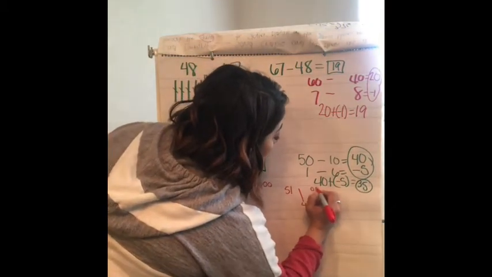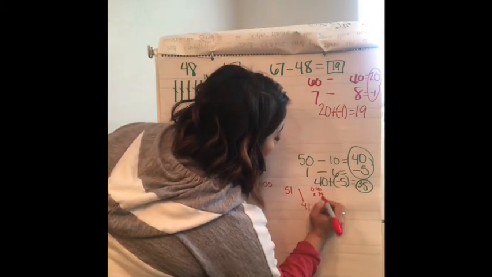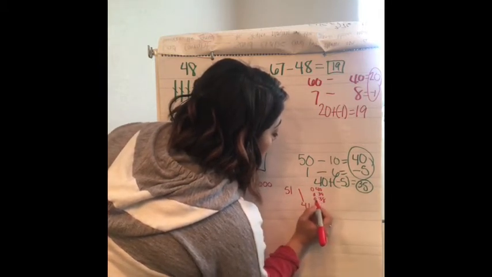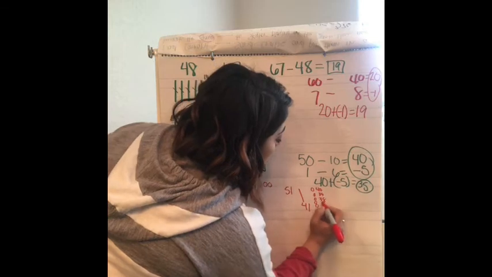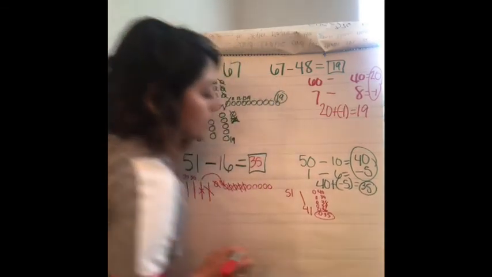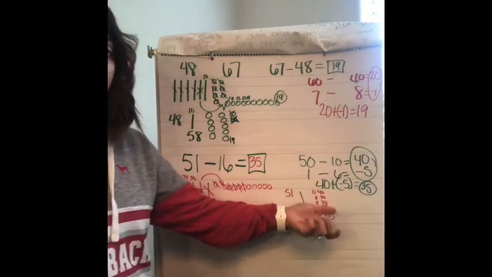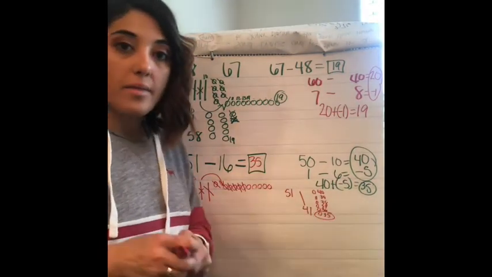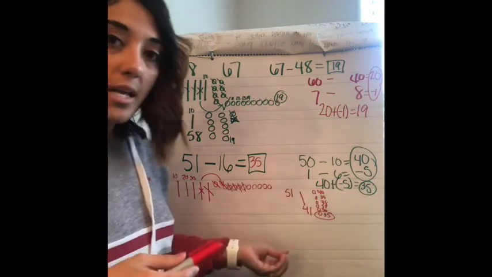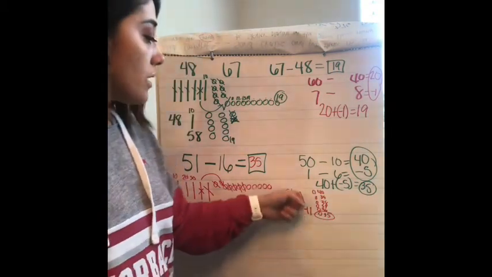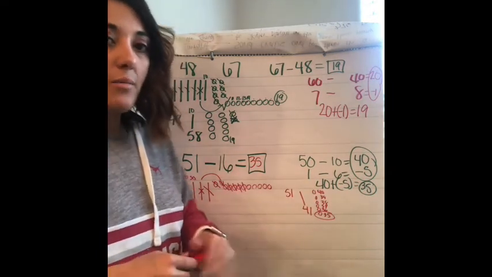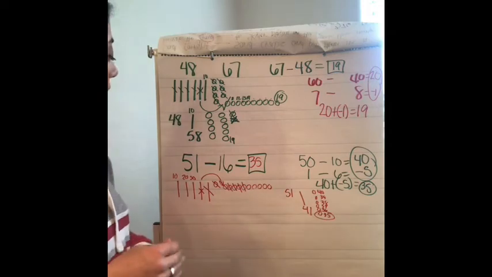So you would get 40, 39, 38, 37, 36, 35. So you could count backwards, and that could be another strategy. But when you count backwards like that, you're taking away the 16. So you'd really want to have your 16 and then count backwards, if that makes sense. That was a little bit of a challenging one.